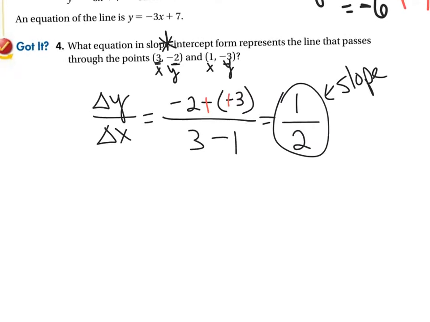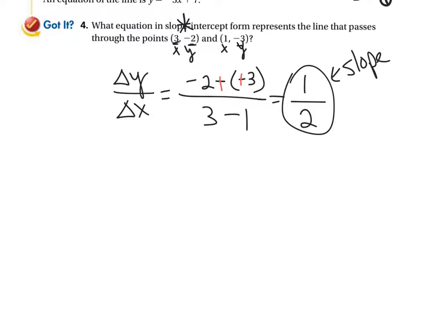So we've got one piece of the puzzle figured out here. Again, if you want to just write down your equation, that's probably a good idea. Write that down to start with, and then we can kind of fill in pieces of the puzzle here. So the slope goes in place of the m, which is 1/2.